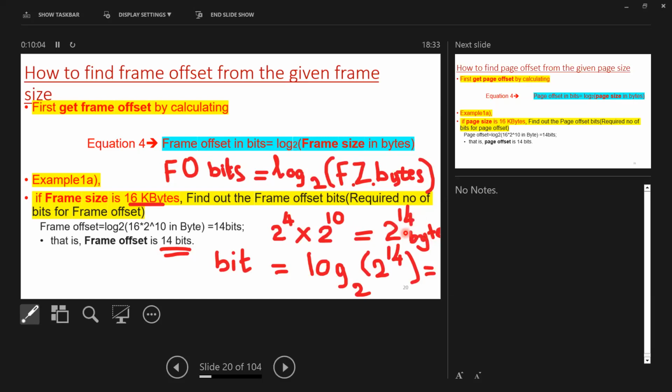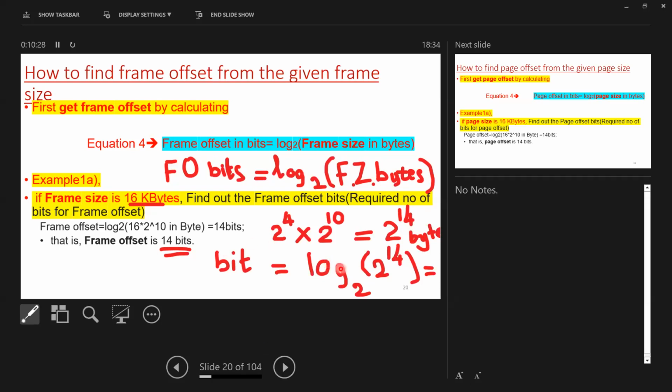Okay. Then we are going to convert it into bits. Frame offset bits equals log 2 frame size in bytes. That is, we can write log 2 to the power 14 is equal to 14 bits. Can you understand the process there?